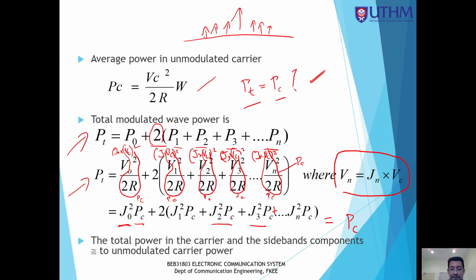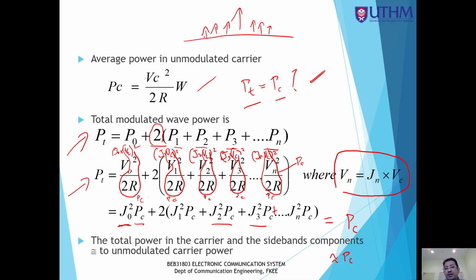Okay, theoretically. But if you use the Bessel table in your notes, you might find that it is approximately equal to Pc. The difference is just about 0.0 something values. Only a few decimal point difference.